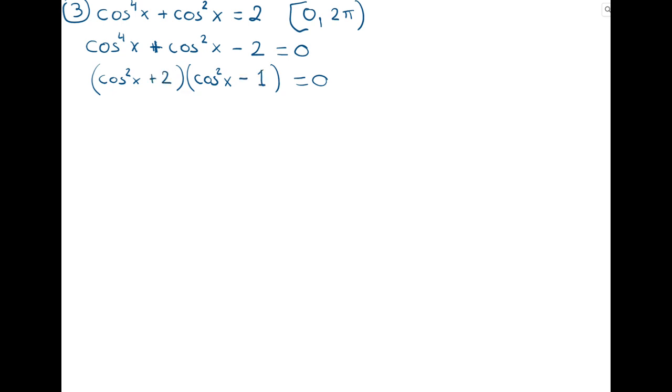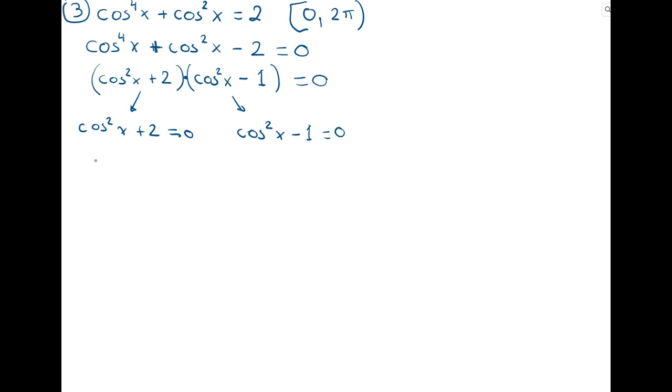And then I have now the zero product property, right? I multiply two factors that are equal to 0. So we're going to split them and say, cosine squared of x plus 2 equals 0, or cosine squared of x minus 1 equals 0. So cosine squared of x plus 2 equals 0.